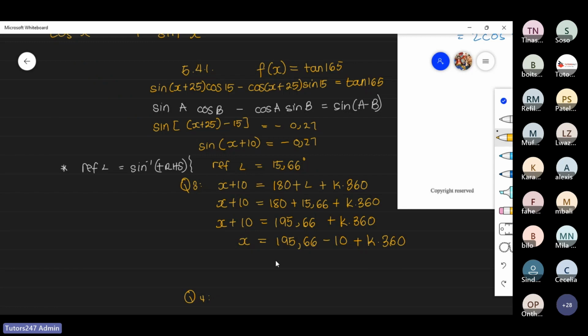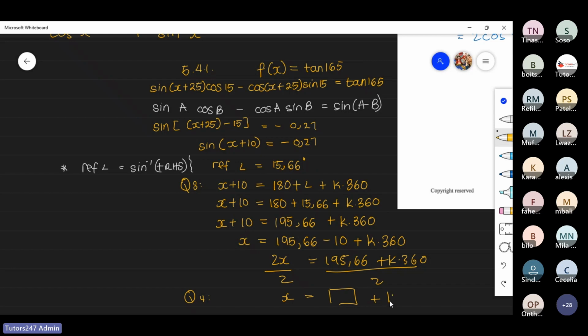If we had, for example, 2x equals 195,66 plus k times 360, we would have divided both sides by 2, therefore giving us x equals whatever value you get from dividing 195.66 by 2. I'm not going to use a calculator now. I'll just skip it so that we save time.